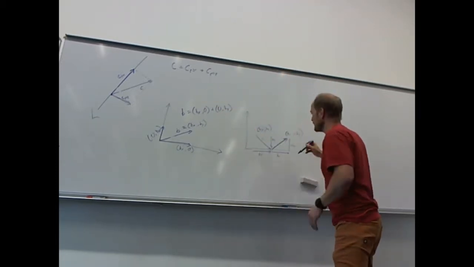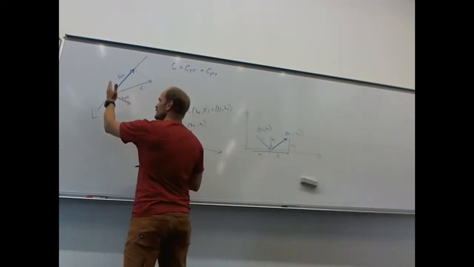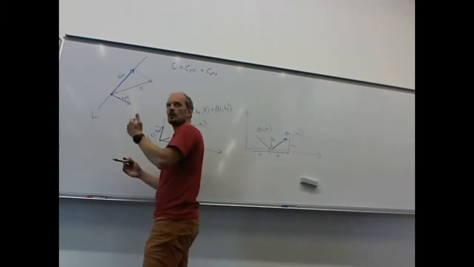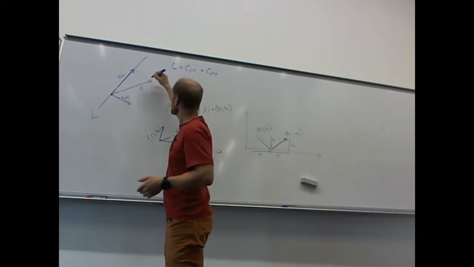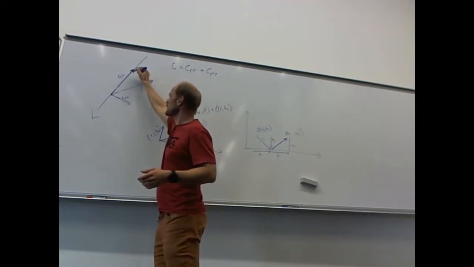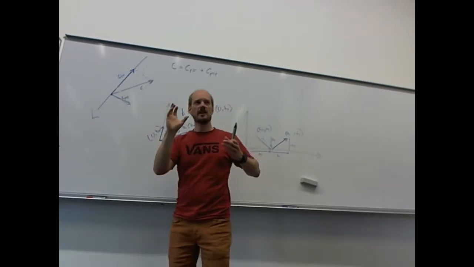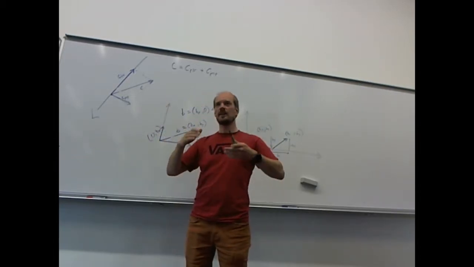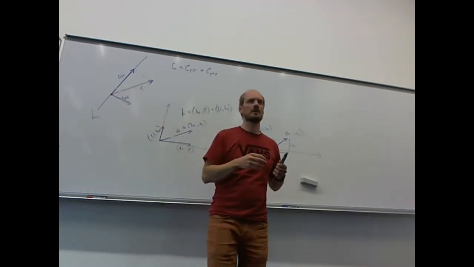In order to reflect something off of something that is not just either vertical or horizontal, we want to be able to split this vector C up into the part of it that's parallel to this line and the part of it that's perpendicular to the line. Then I can take just one of those and flip it, and then I've got a new C that will actually look as if it bounced off of this particular line.